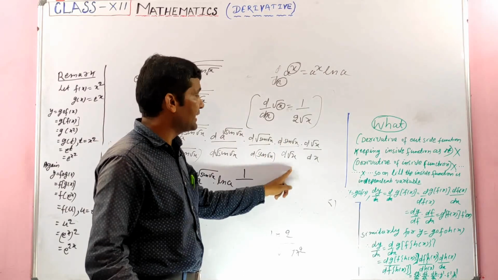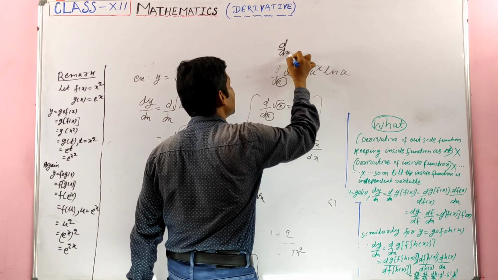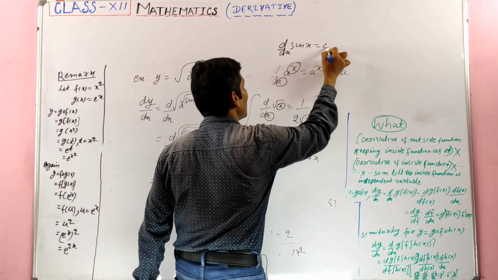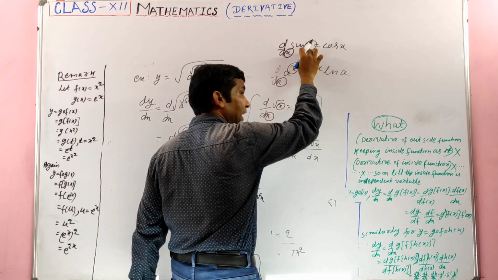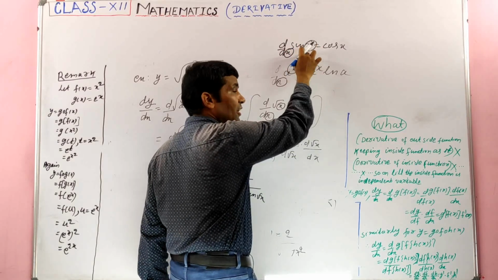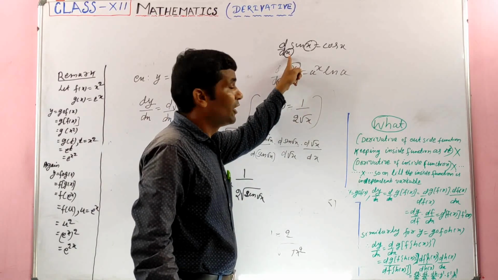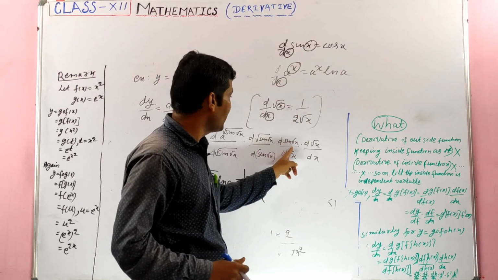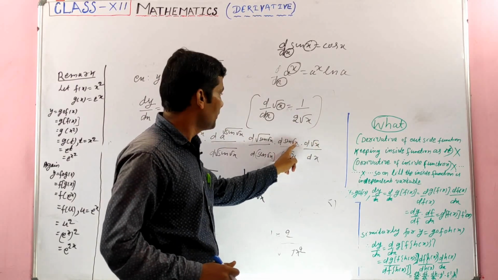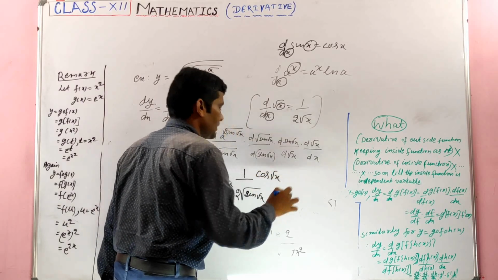Now d by dx of sine root x: the derivative of sine x is cos x. If it is not x but some other expression in place of the independent variable, we have to extend. So here I have extended another part. Therefore the derivative of sin root x is cos root x.